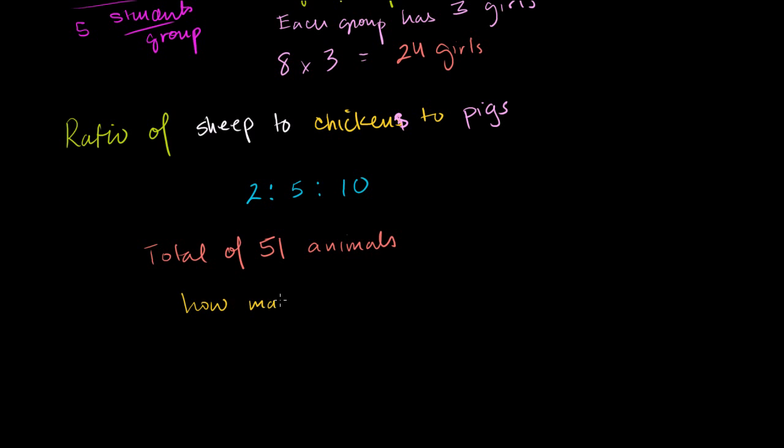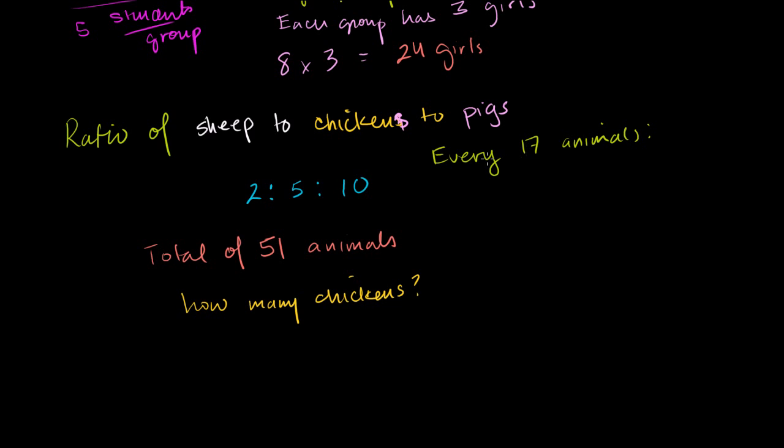Well, we do the same idea. For every 2 sheep, I have 5 chickens, and I have 10 pigs. That tells me for every group of 17 animals, what do I have?